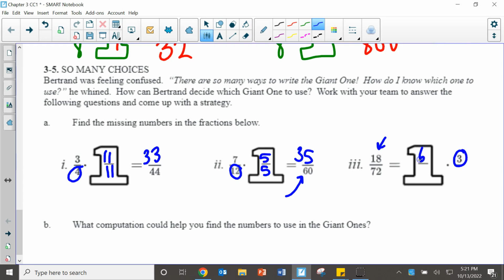Well, that's 6. Since we're making equivalent fractions, I multiplied that by 6. So I had to think about, what did I multiply 6 by to get 72? And hopefully you got 12. So sometimes you're going to have to work backwards.